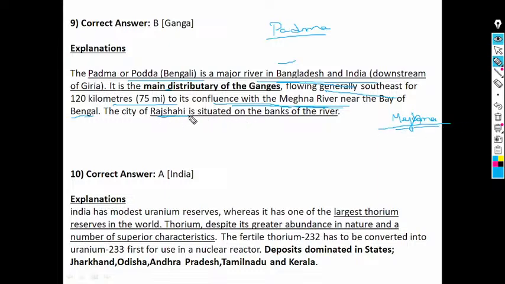The city of Rajshahi is situated near the banks of the river.